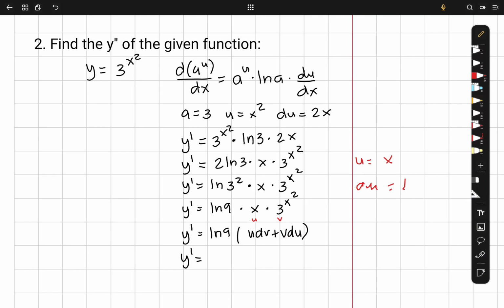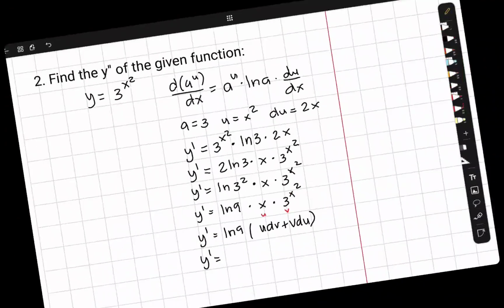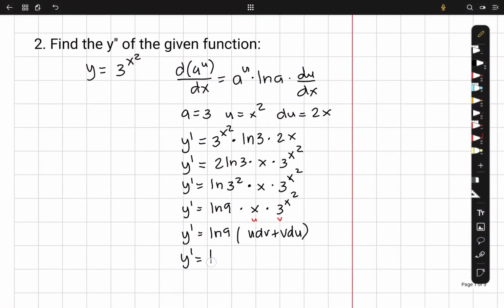Ba't nagaganon siya? So, ln 9. So, yung u natin is x. Then, yung derivative ng v natin. Di ba nakuha na natin yung unang derivative nito? Yung 3x, right? So, yung nakuha natin, that is, ito. So, ang gawin natin, plug na lang natin yan.